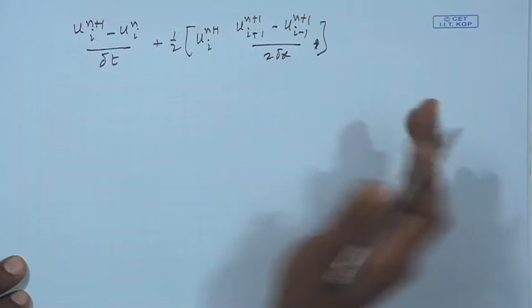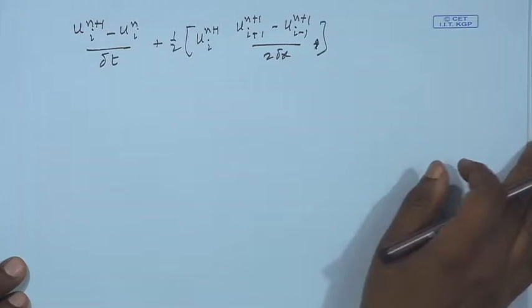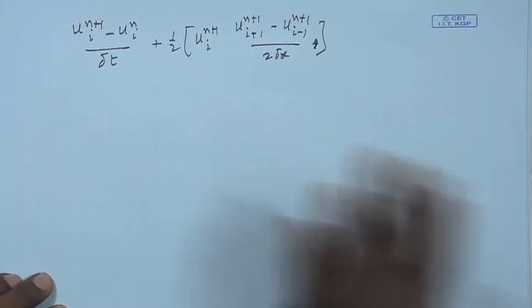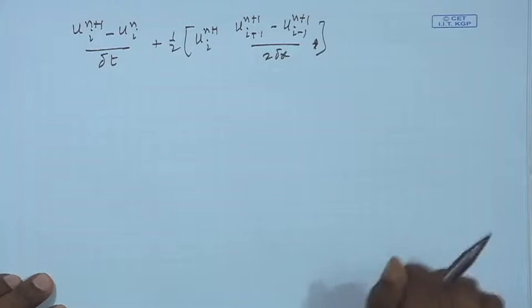So, what we do is we put all the implicit terms on the left side and the explicit terms, which are known, on the right side.